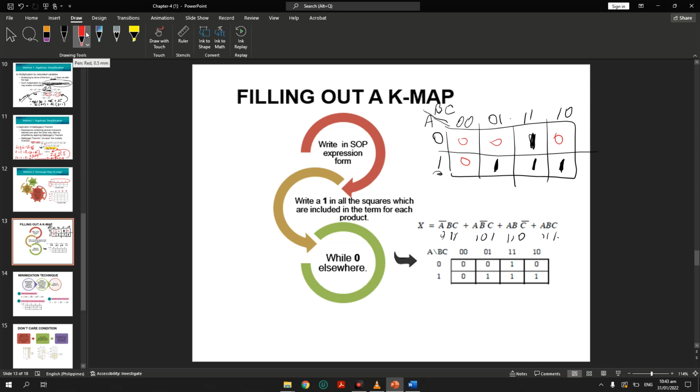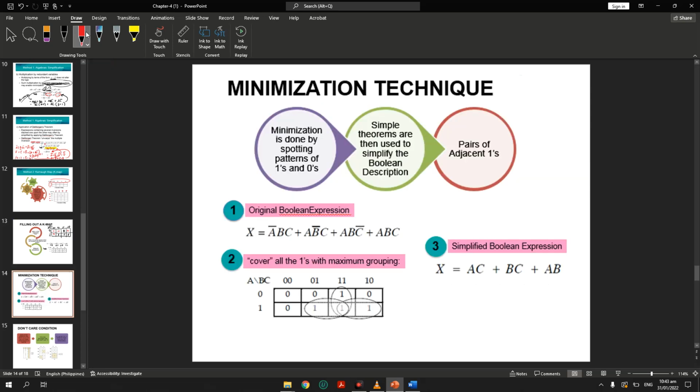Just do the same if we are in a 4 by 4 K-map. The process is still the same as in the 3 by 3 K-map. So how do we minimize? The minimization technique using the K-map.